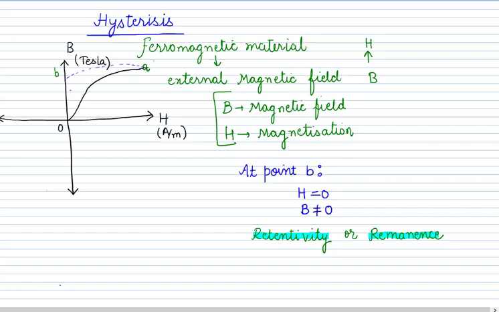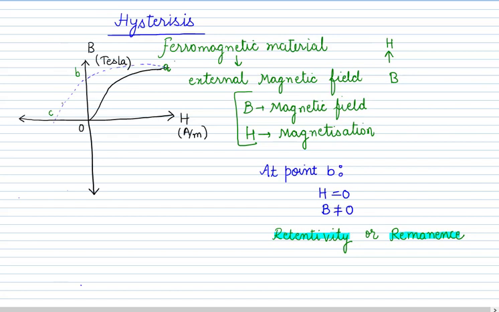And now if we reverse the magnetizing field, that is in the negative direction, the opposite direction to the present direction. Initially we applied the magnetizing field in the positive direction and now we are applying it in the reverse direction. So we proceed towards negative values of the magnetizing field. Then our graph goes down from B to C. So this is point small c.